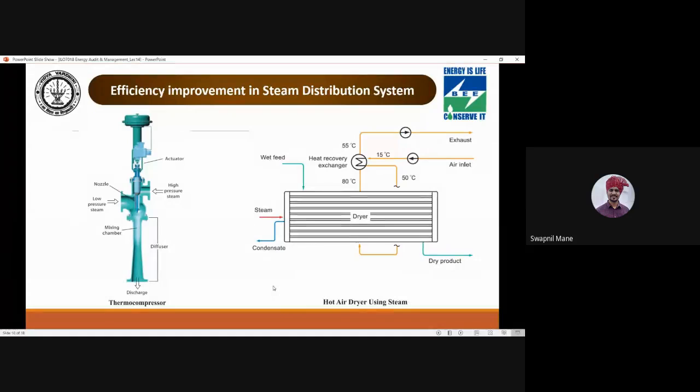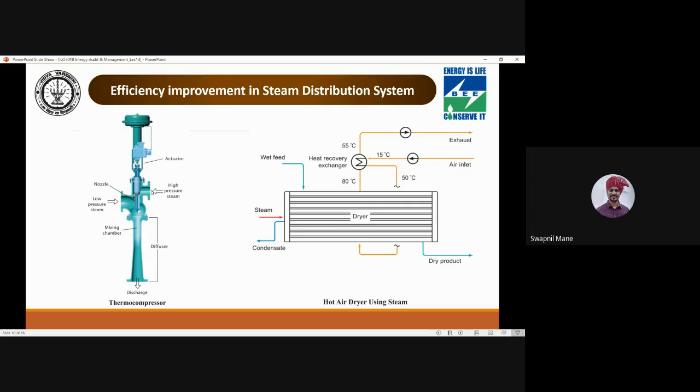So you see, using a thermocompressor, it becomes feasible to compress this low pressure steam by high pressure steam, and reuse it as a medium pressure steam in the process. So what will happen? See, the low pressure steam will be taken in by the thermocompressor.